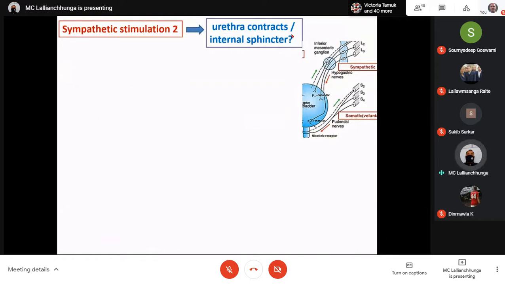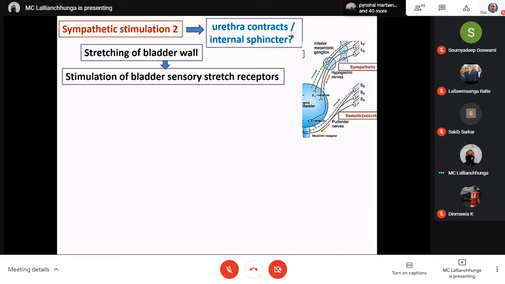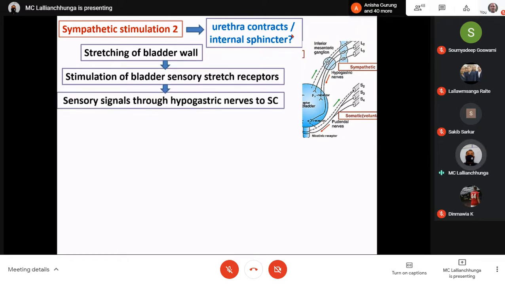Okay, so now another possible effect of sympathetic stimulation is contraction of the urethra, or contraction of the internal urethral sphincter. Again, the first point is that when there is stretching of the bladder wall, the same thing will happen: stimulation of the bladder sensory stretch receptors, and then this sensory signal will go to the spinal cord through the hypogastric nerve.